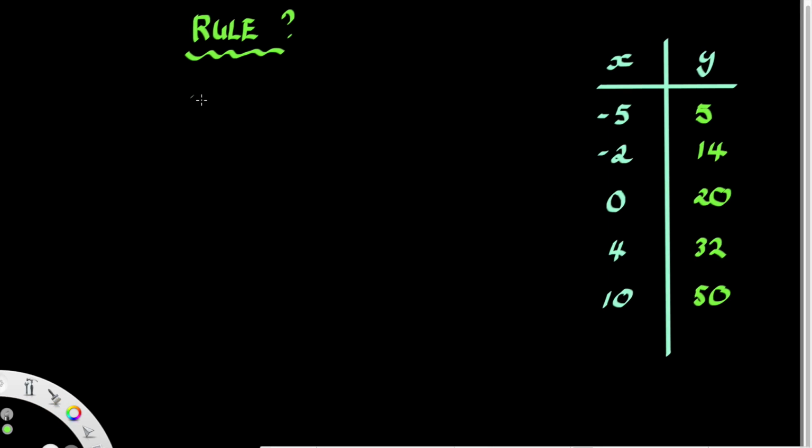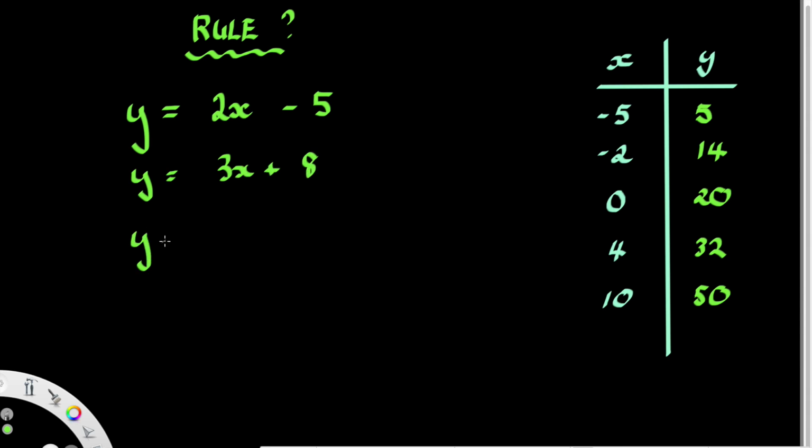We just saw that an example of a linear rule is something like y equals, say, 2x minus 5. Another example might be y equals 3x plus 8. Another one might be y equals -4x plus 20.